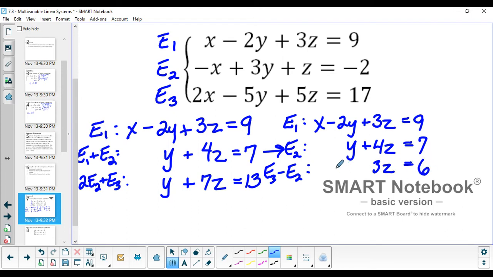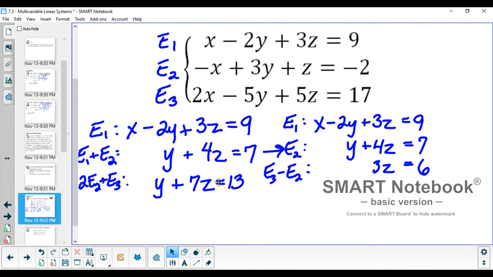Now, if you see where this goes, to get this to be a 1, I essentially want to divide this by 3, but we're not allowed to divide equations, quote unquote.